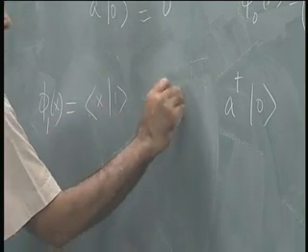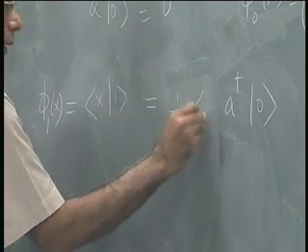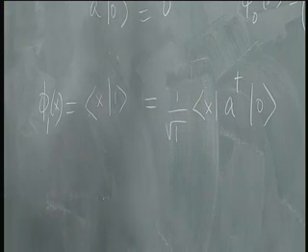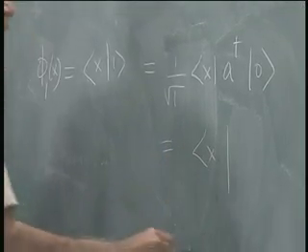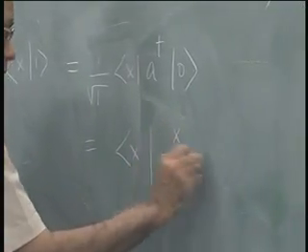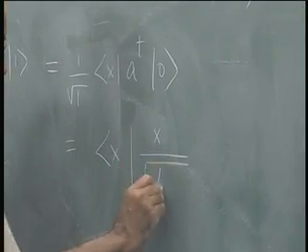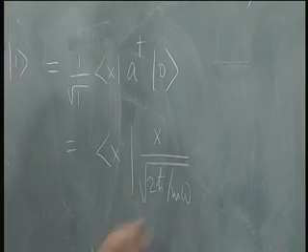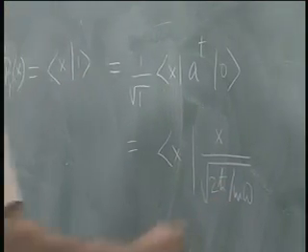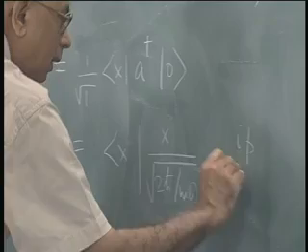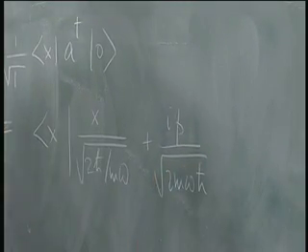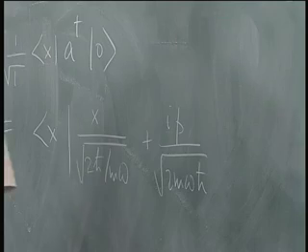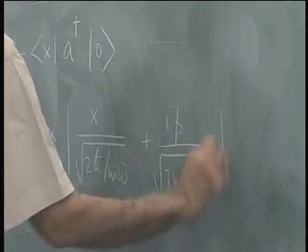This is 1 over root 1 x on this guy. This is 1, this is x, and then what is a dagger? It is x over square root 2h over m omega plus ip over root 2m omega h cross on 0.